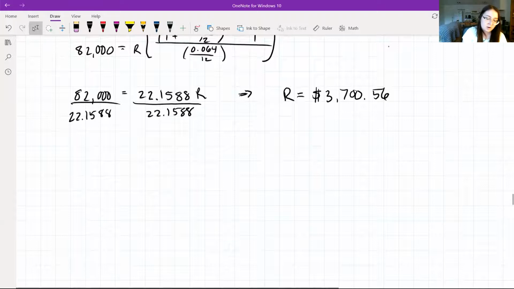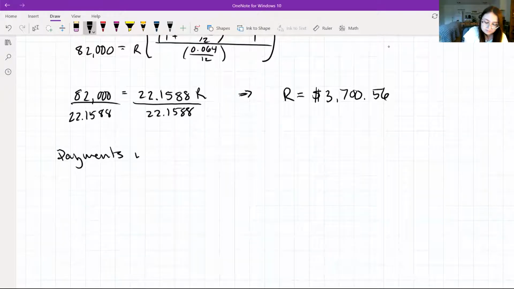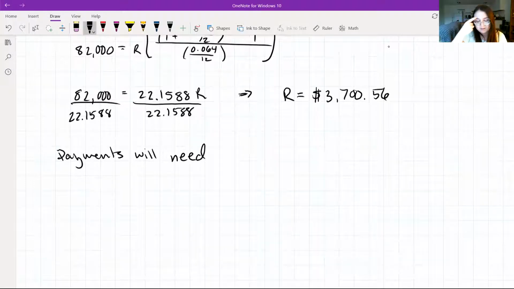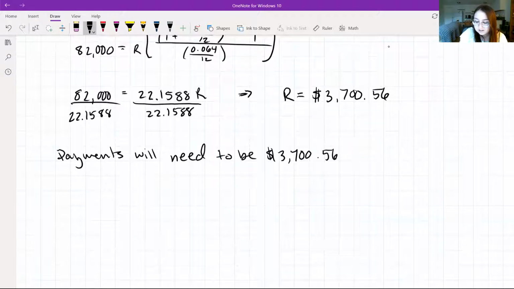So we see that our payments will need to be $3,700.56 monthly.